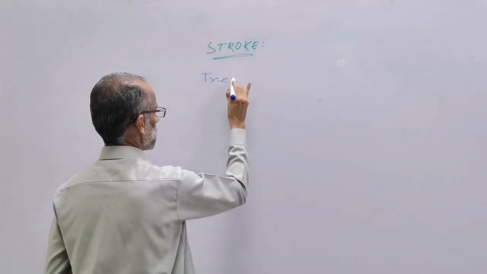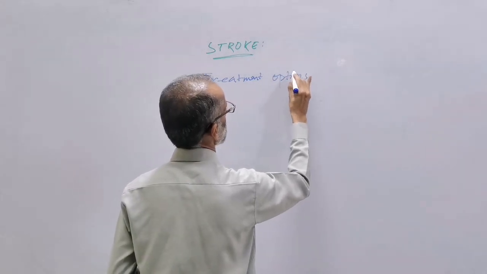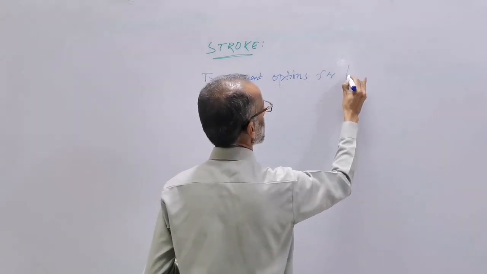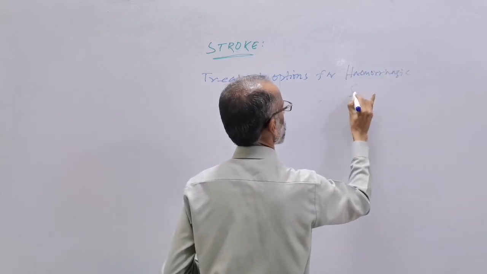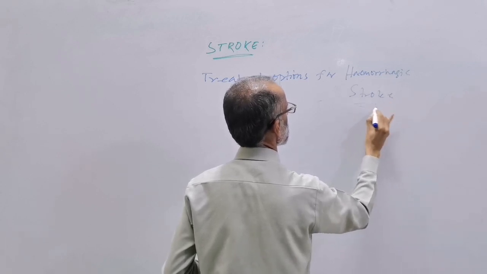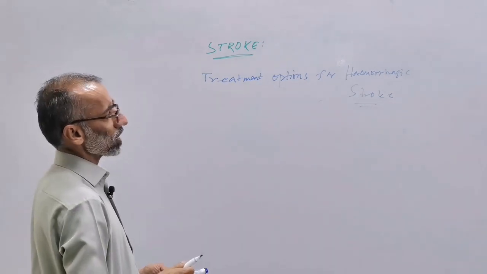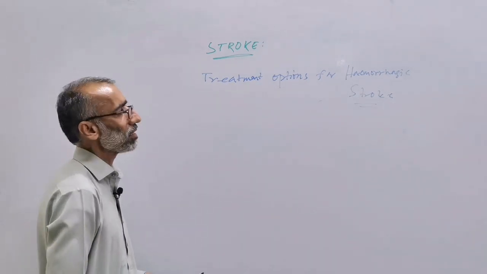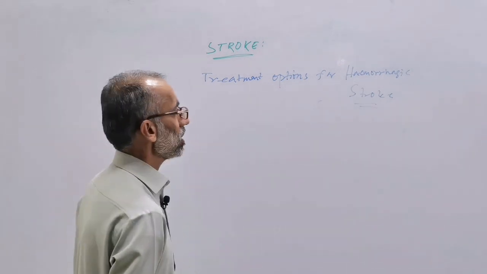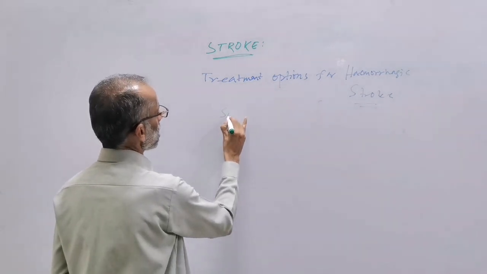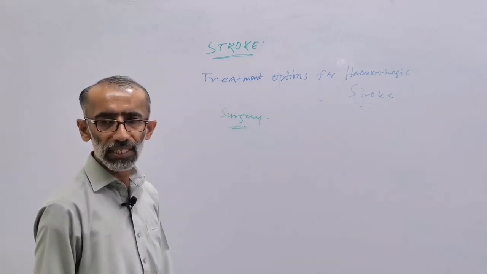What are the treatment options for hemorrhagic stroke? The management or treatment of hemorrhagic stroke depends on its causes and etiology. Surgery is indicated in case of hemorrhagic stroke.